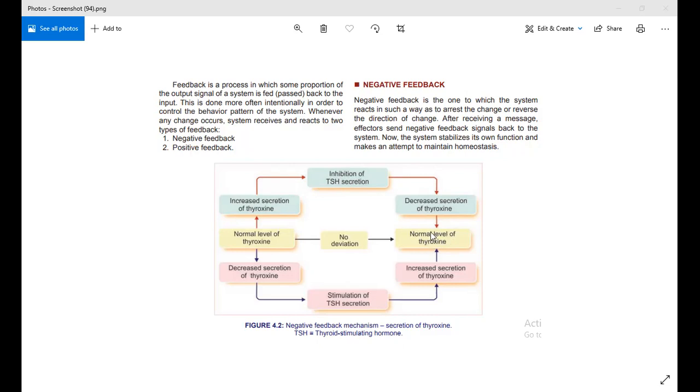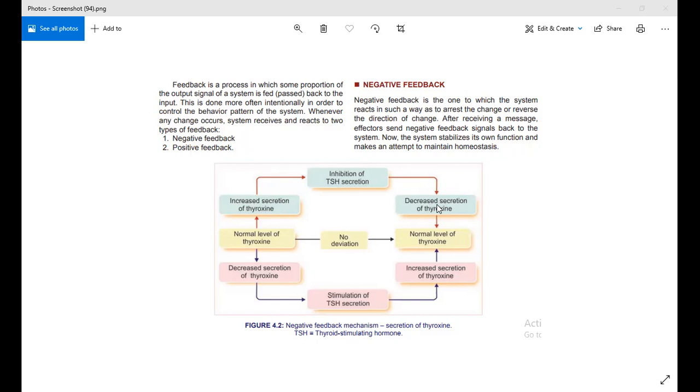So what happened? Watch. Increased secretion of thyroxine led to inhibition of thyroid stimulating hormone, which now led to a decrease in secretion of thyroxine. So this initial signal here eventually led to the opposite effect.